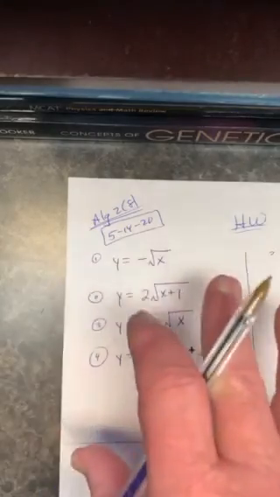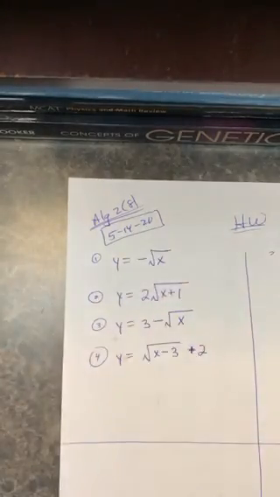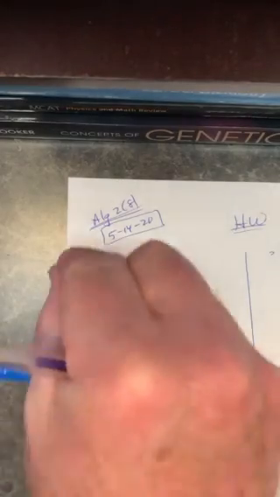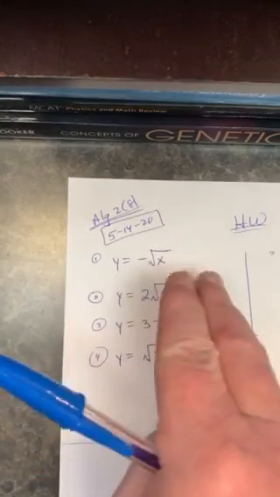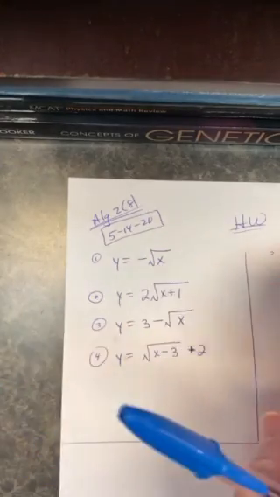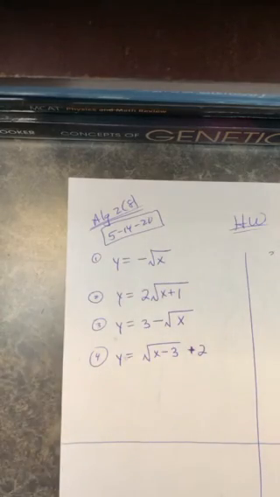But at the latest, these 4 problems are for your 8-point daily grade. You get a point for using the right process, as I just explained. You don't touch a calculator and just sketch what you see on your screen. You're going to lose a point for not using the process. And then you get a point for the right answer. Okay, that's how we're grading all of our functions.